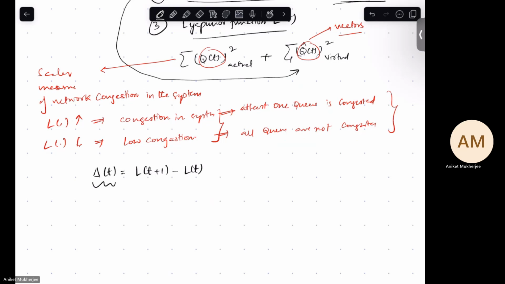Minimizing delta t at every slot is known as minimizing the Lyapunov drift.